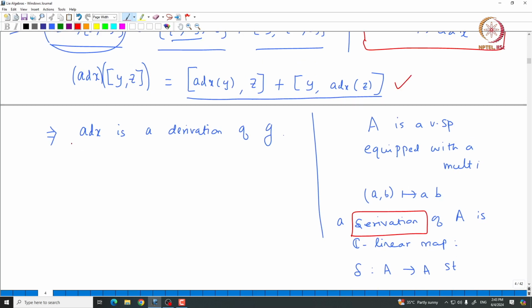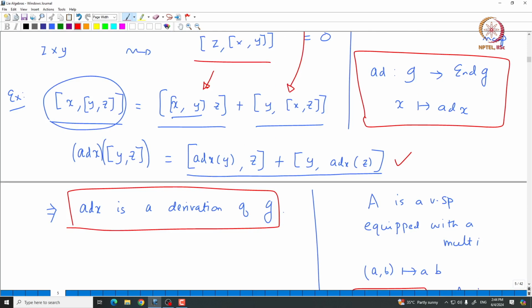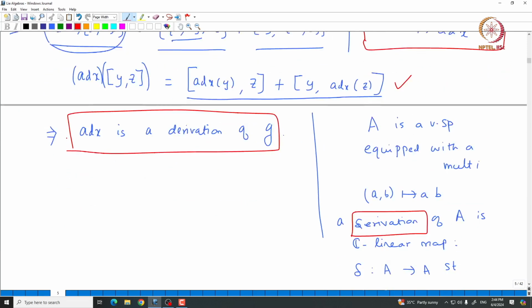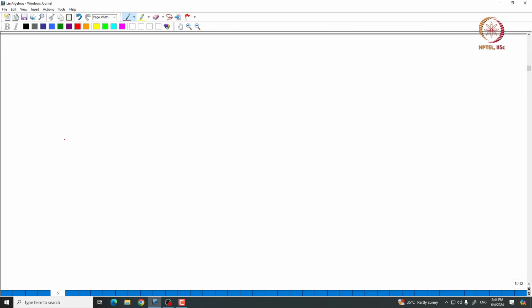So this is the best way of remembering the Jacobi identity, that ad x is a derivation. So now let us see some examples that actually arise from these associative algebras. They are the most important examples.